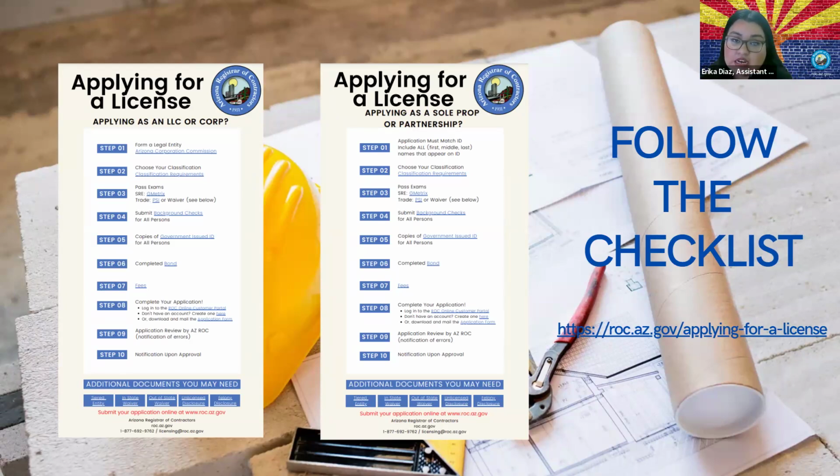It gets you an idea of what items to look for and what are going to be needed for the application process and how to complete it to get you licensed. If you look at the checklist, we do have two different types. One is for an LLC or corporation, and the other is if you are applying as a sole proprietorship or partnership. We will go into the differences between those, but that gives you the best outline on the application process. Also a good tool to use as you're following along and taking notes during this presentation.